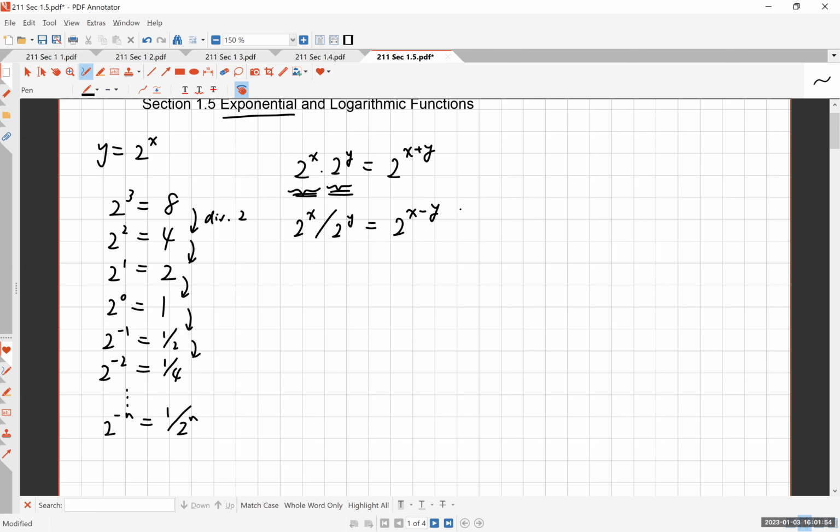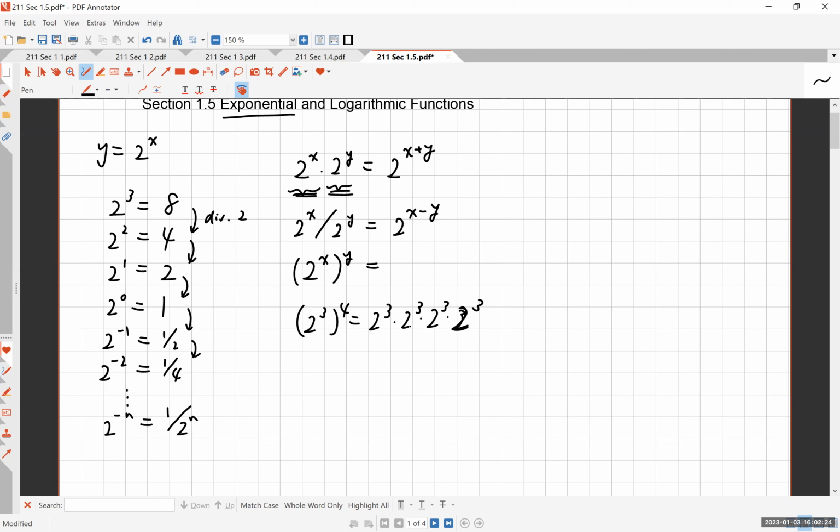So the interesting and fascinating thing about exponential functions is that multiplication can be performed by adding the exponents. Division can be performed by subtracting the exponents. And then one more, if you have 2 to the x raised to the y power, what is that, say 2 to the third raised to the fourth power? That's 2 to the third, 2 to the third, 2 to the third, 2 to the third, right?